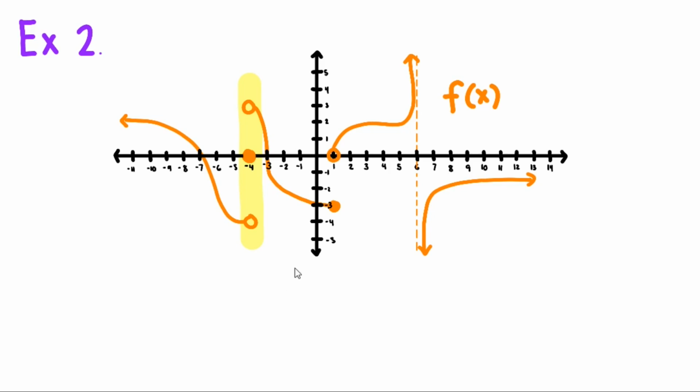Observe that if we observe the values as x approaches -4 from the left, or values less than -4, it's this line out here. So what is the value out here? We have -4. Therefore, the limit of f of x as x approaches -4 from the left is -4. Similarly, from the right, it is this one out here.